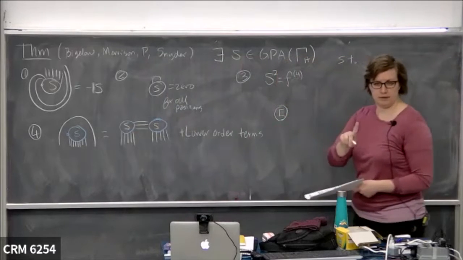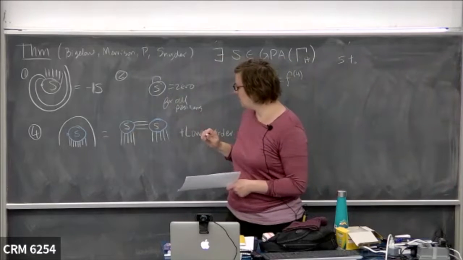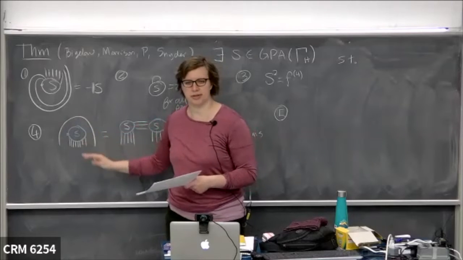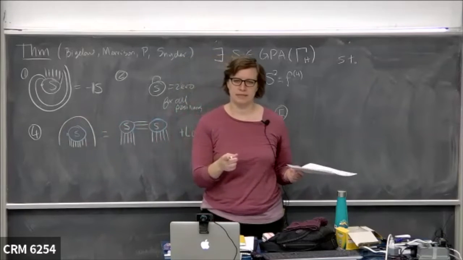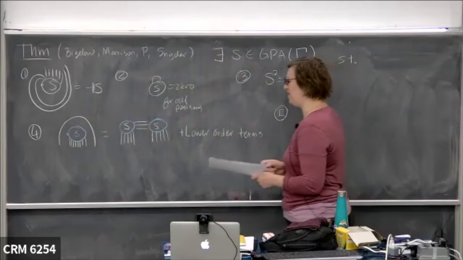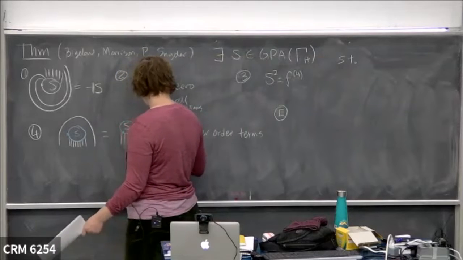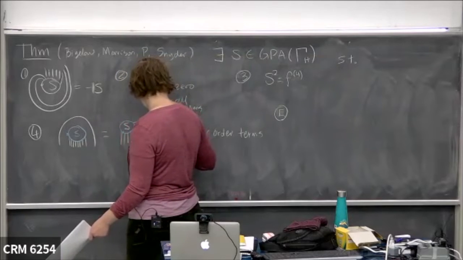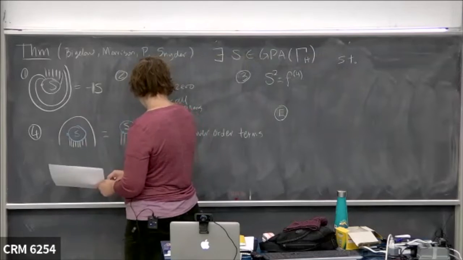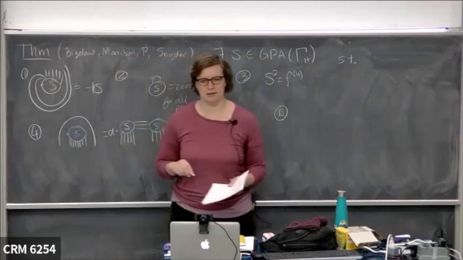But just for now, you should think of lower order terms as being diagrams that have 1 or 0 S's, where S does not have a string over the top. Where are the marked point regions? I was being a little bit ambiguous about that. I think you can put them here, and no, not there. We'll put it here. And I should mention that there's some non-zero coefficient up front.